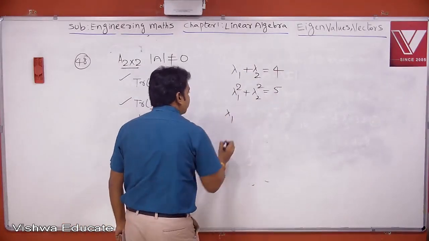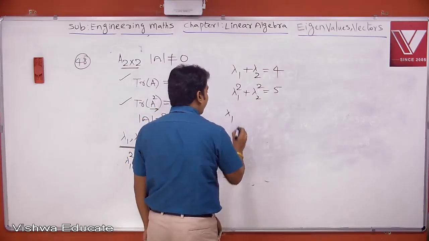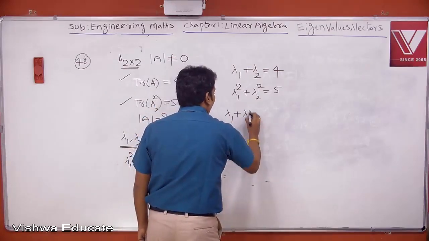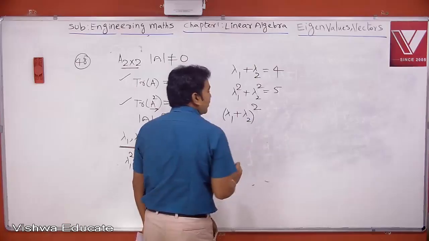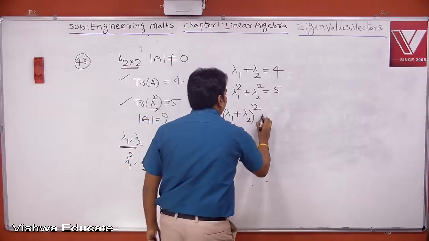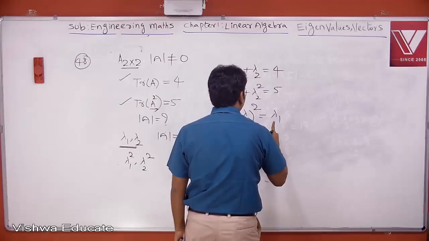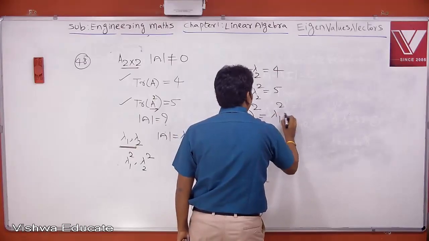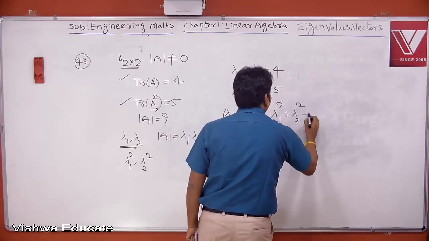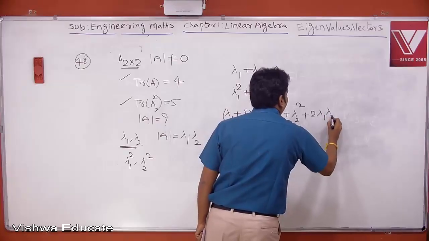Now you can see, let us try to establish a formula. Lambda 1 plus lambda 2 whole square. This is nothing but lambda 1 square plus lambda 2 square plus 2 lambda 1 lambda 2.